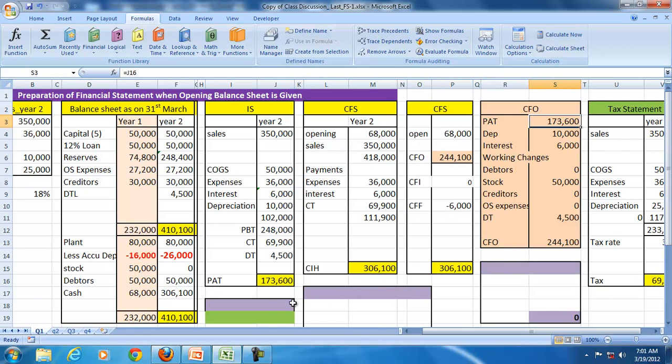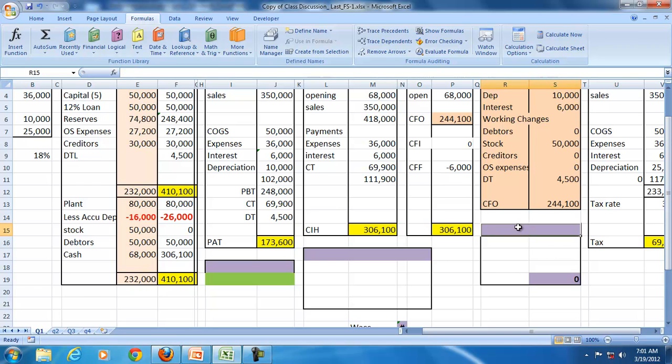Now one more item we would like to calculate here is net operating profit after tax, which is PAT, that is 173,000, plus or minus adjustments for the financing and accounting anomalies. The financing anomaly is interest, so we add back interest into (1 minus t), that is interest into 0.70.